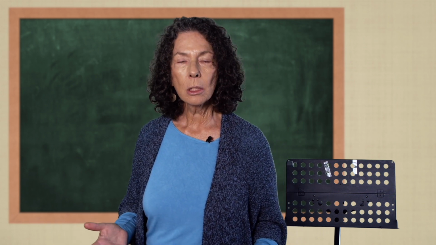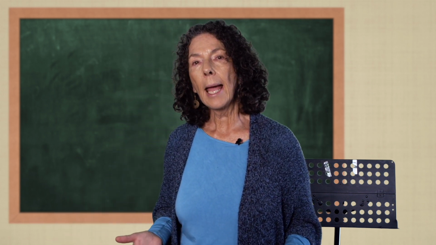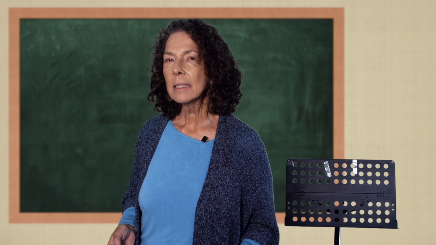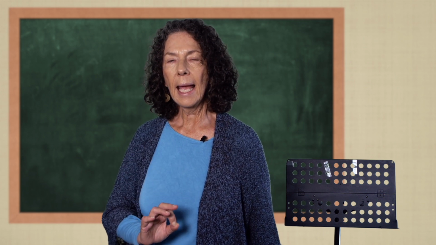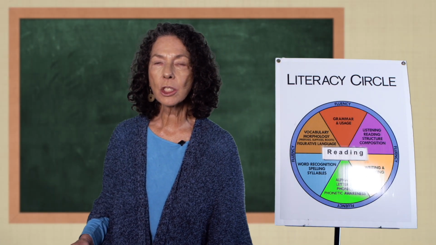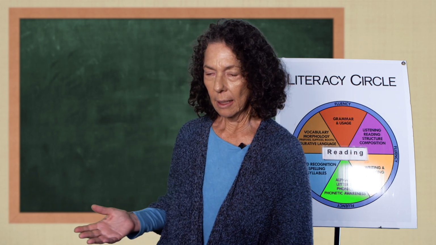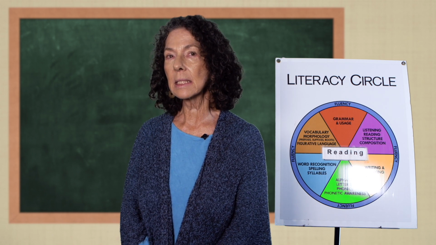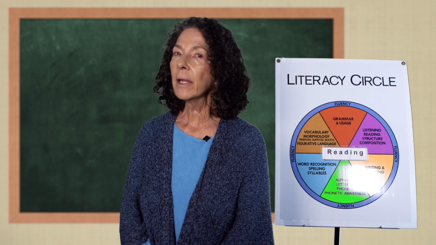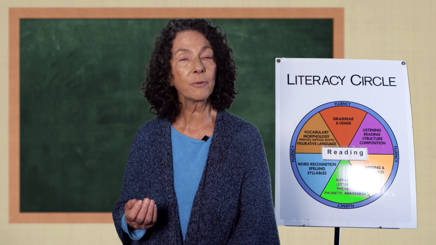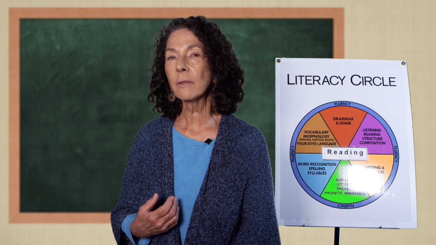So let's watch Nahiku and Mahina as they read through some sentences and discover what those key words are. Our key words are any form of chip and any form of change.